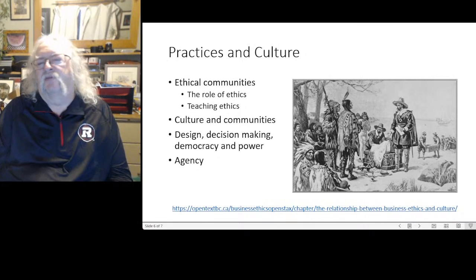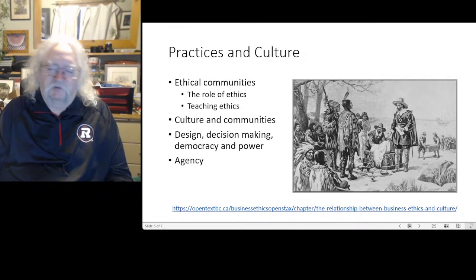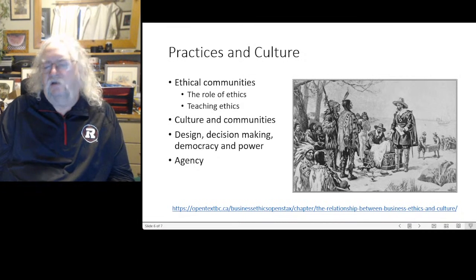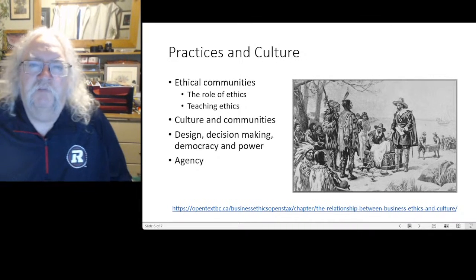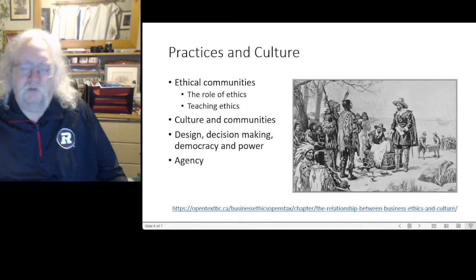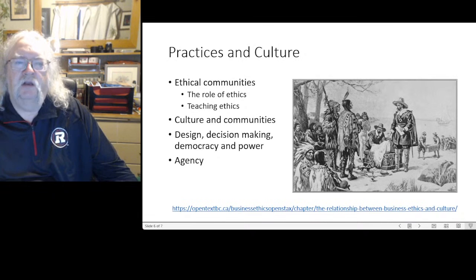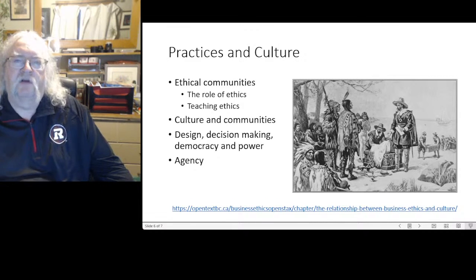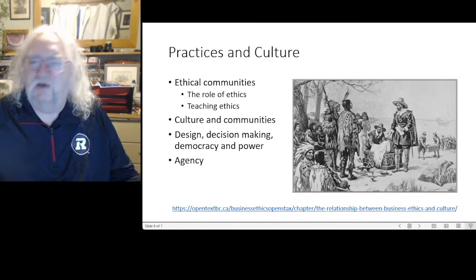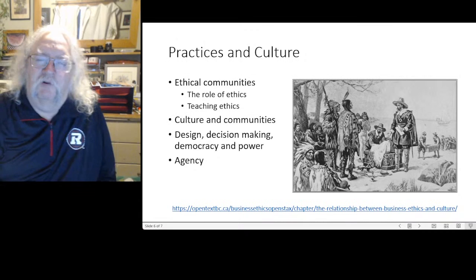And I'll wrap up this section by talking about individual agency, keeping in mind that individual agency isn't the be all and the end all. We've learned already not to assume that everybody lives in the same sort of culture that we live in, or at least that I live in. I can't say we because I don't know who you are or where you're living.